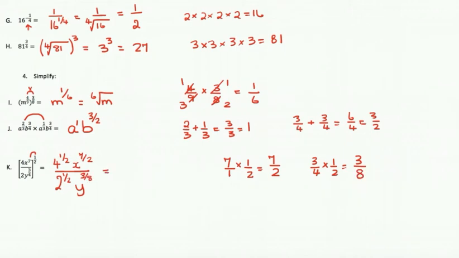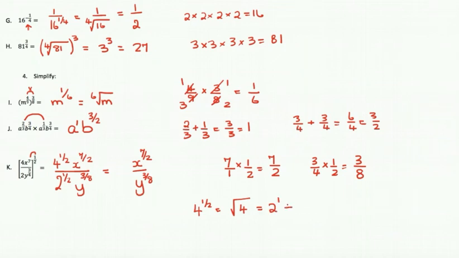So because we've got these numbers 4 to the power of half and 2 to the power of half, let's simplify those two, but the rest stays the same. So we've got x to the power of 7 over 2 over y to the power of 3/8. However, 4 to the power of half, doesn't that mean that it is the square root of 4, which is 2, and 2 is to the power of 1.